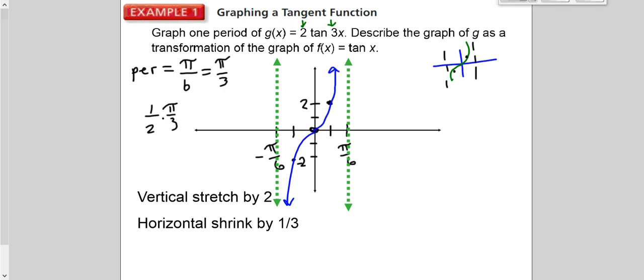As a general rule, if you're making your own graphs, you should draw 2 cycles. So we need 1, 2, 3, 4 more sections that are about that same length. 1, 2, that's where our next x-intercept is going to go, and then 2 more to get to our next asymptote.